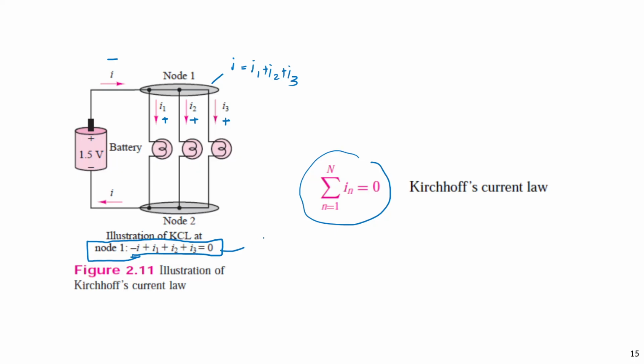So Kirchhoff's law states that the sum of current at the node is 0, but we need to specify the correct direction by positive and negative sign. By positive and negative sign, we use this formula. The summation of current is 0.